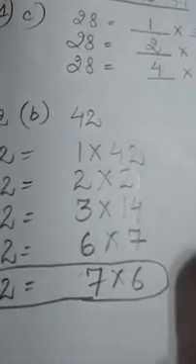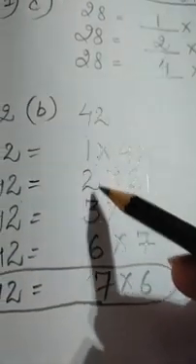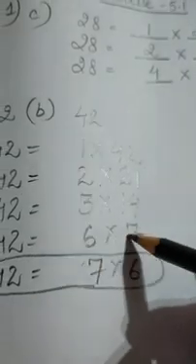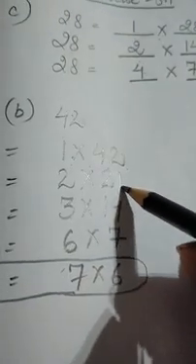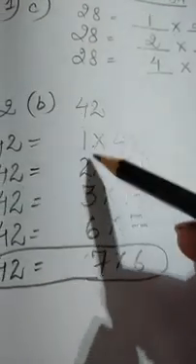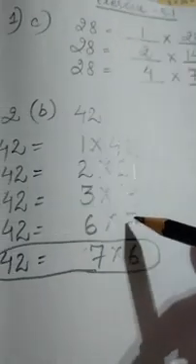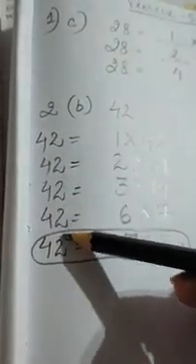Then which numbers do you get here? 1, 2, 3, 6, 7, 14, 21, 42. So here we got 8 numbers, and those are the factors of 42.